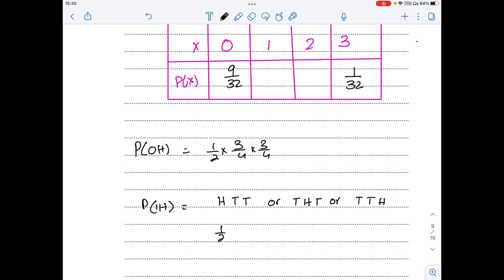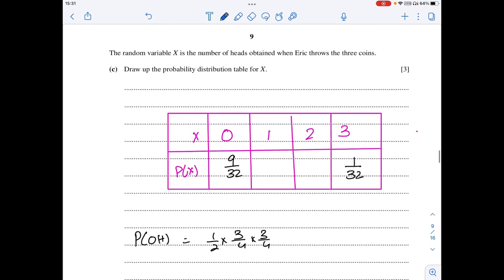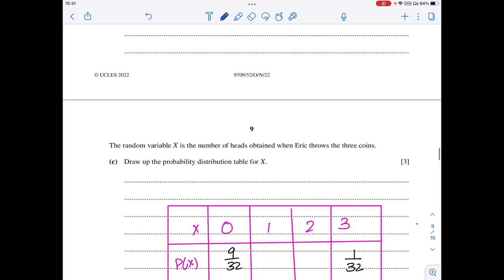So what will this be? 1 upon 2 times tail is 3 upon 4, 3 upon 4, or else this will be 3 upon 4 times 1 upon 2 times the second one. If I do it in this particular way, I will be able to get the answer. Otherwise, you will get a wrong answer. So let me write it neatly over here. One head. So we are getting one head.